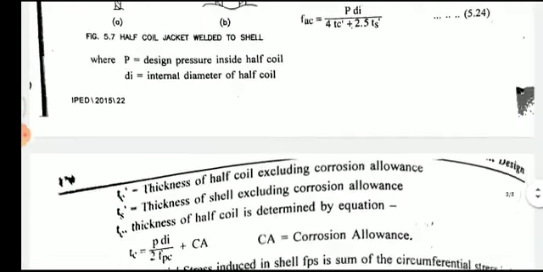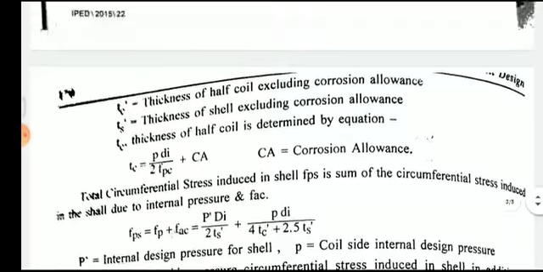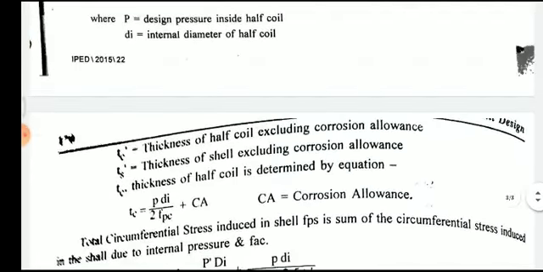Then t_c' is the thickness of the half coil excluding corrosion allowance, that is, without corrosion allowance added.